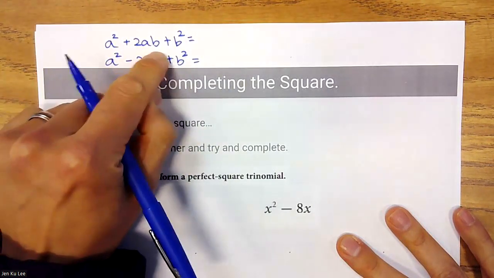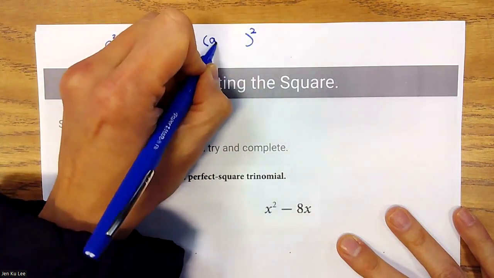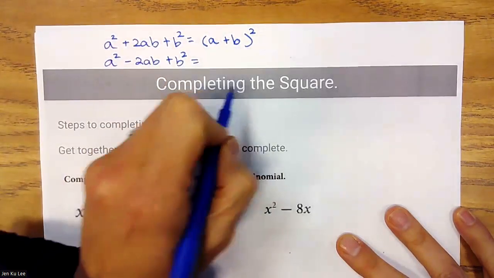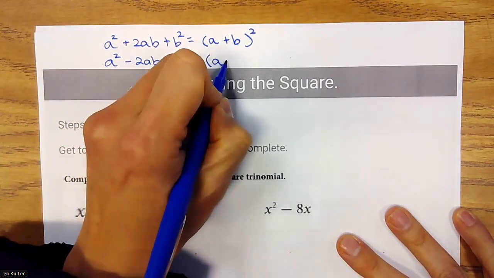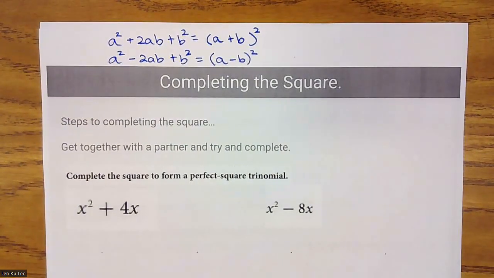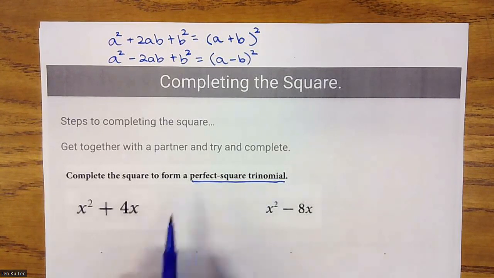The a squared plus 2ab plus b squared breaks out to be a plus b quantity squared. And a squared minus 2ab plus b squared breaks out to be a minus b quantity squared. Those two are perfect square trinomials. They're called perfect square trinomials.